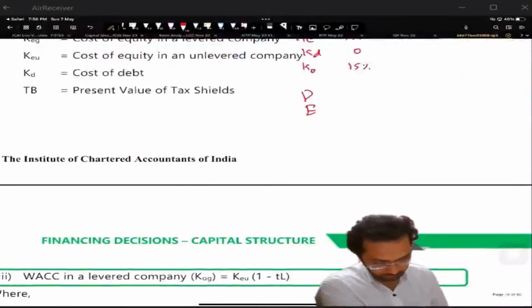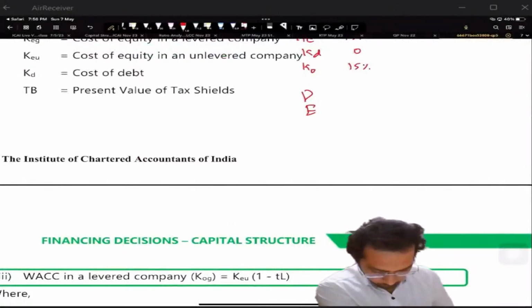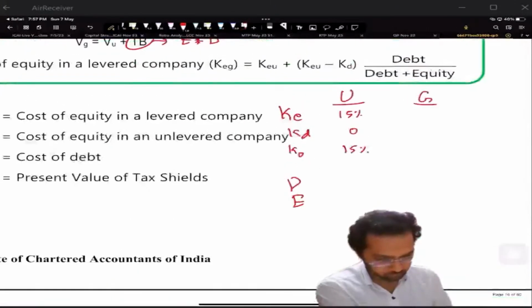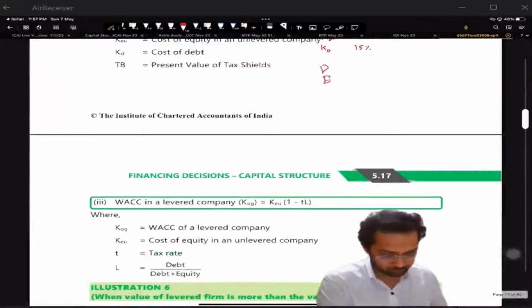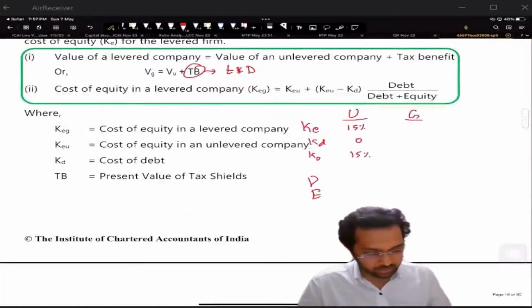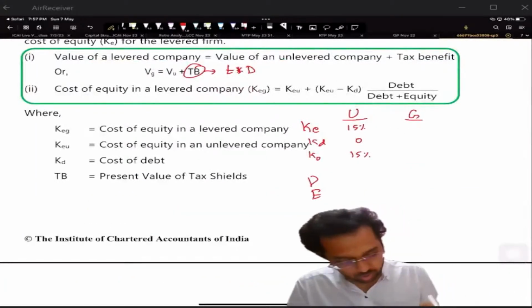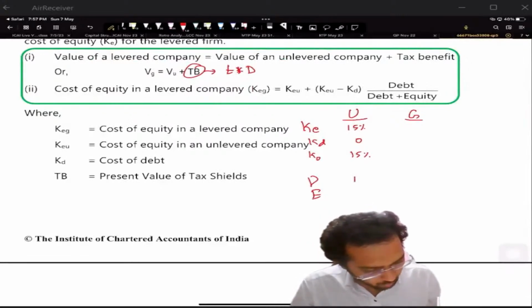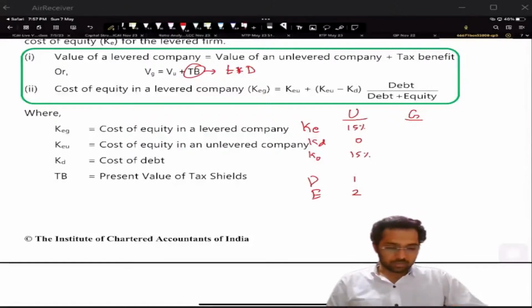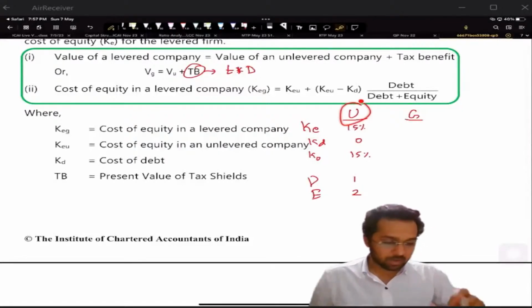Okay. And let's say debt equity ratio. Suppose you have one debt for every two equities. So these are the parameters for an ungeared company.